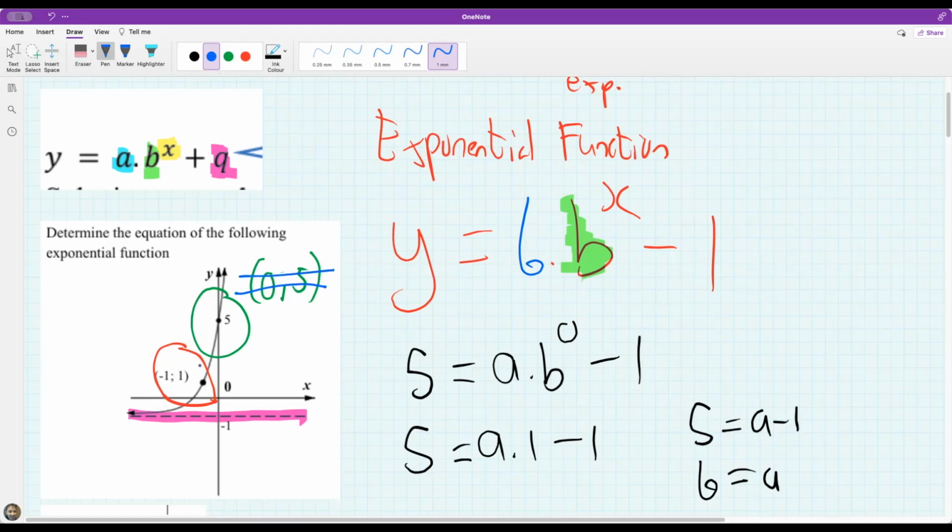Find me the value of b using the red point, and I'll wait for answers in the chat. I'll be back in a second.